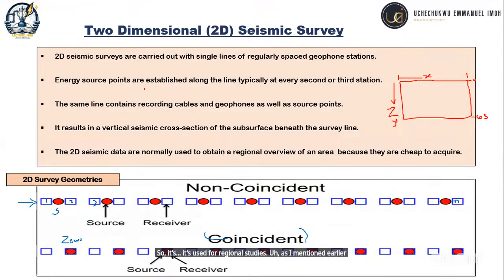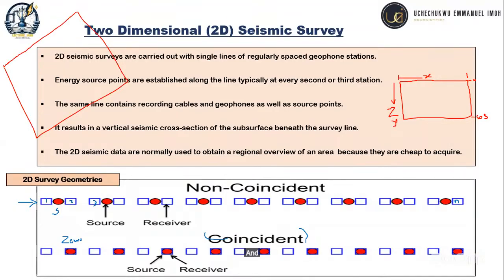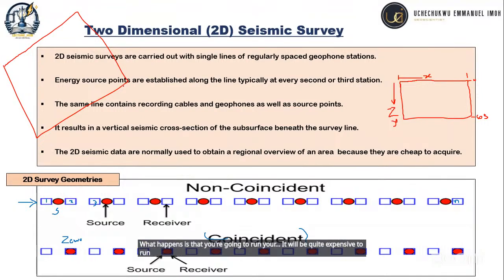What do I mean by regional studies? For instance, you have a block, your company has an oil block, and you have to do your geophysical survey within this block. It will be quite expensive to run 3D seismic acquisition over this block.